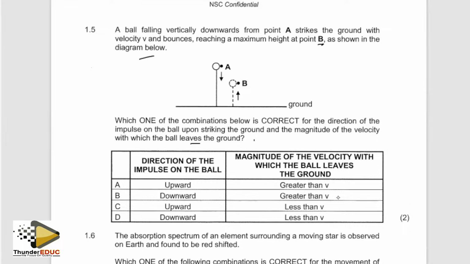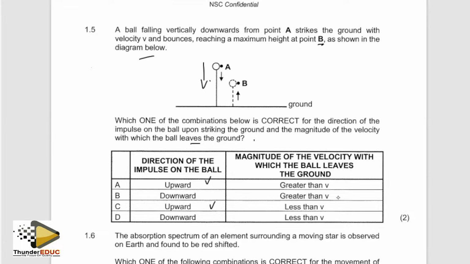Since this ball is striking the ground, the direction of the impulse needs to be upwards, because remember, impulse is the same as the change in momentum. So if it is upwards, we're looking at option A and option C.